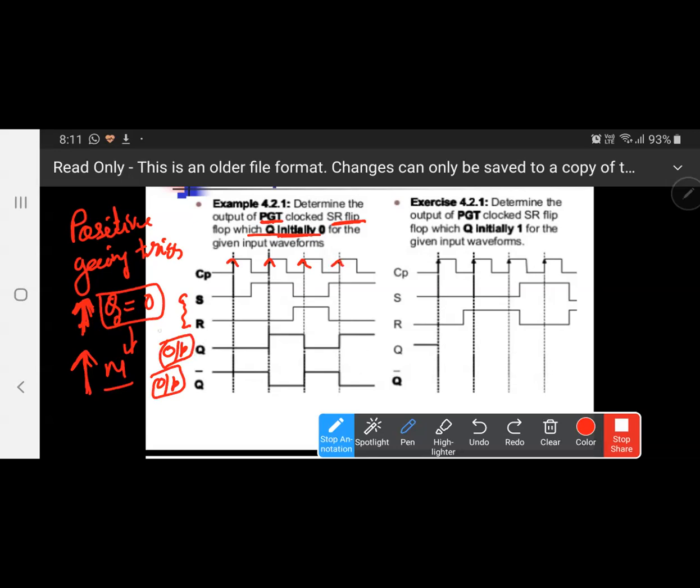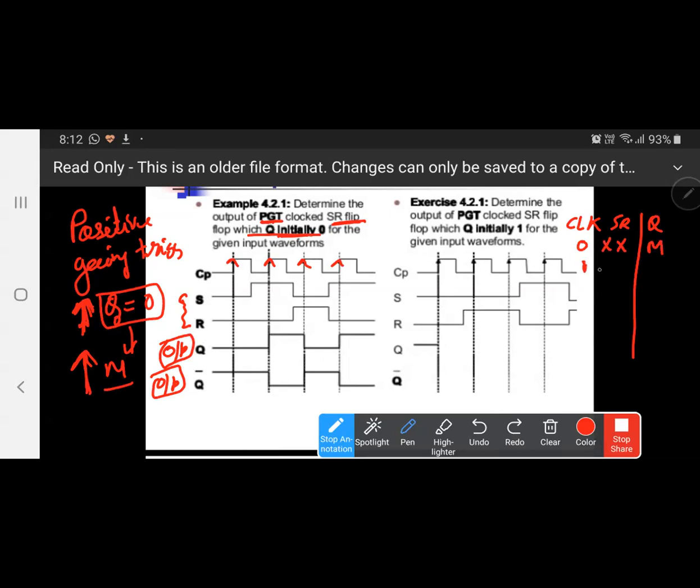It's already here, but I will explain how this output will come. Understand what we need to do, girls? Okay, so let's start to draw the first truth table. If no clock, whatever the value of S and R, it will work as a memory.